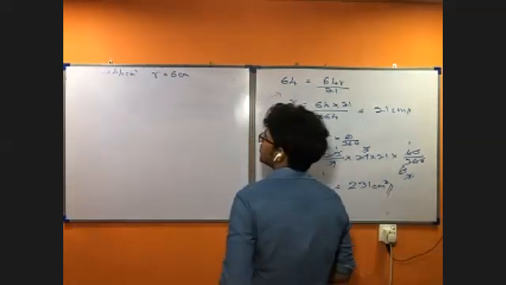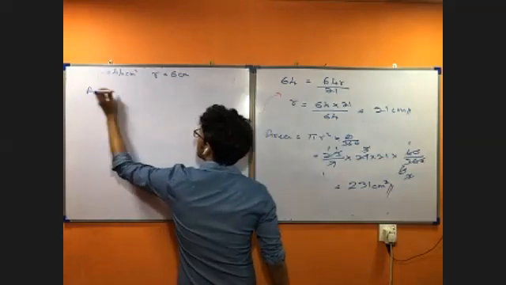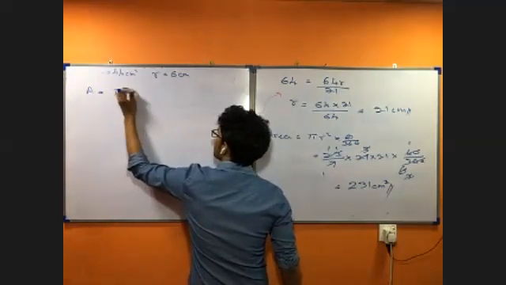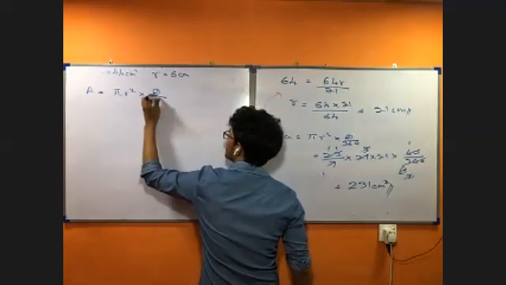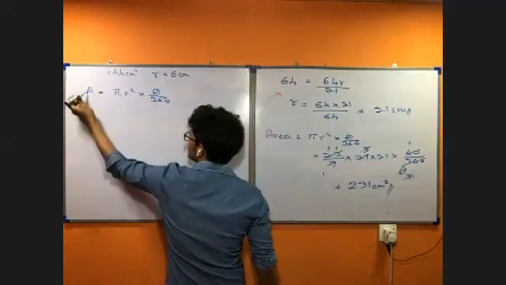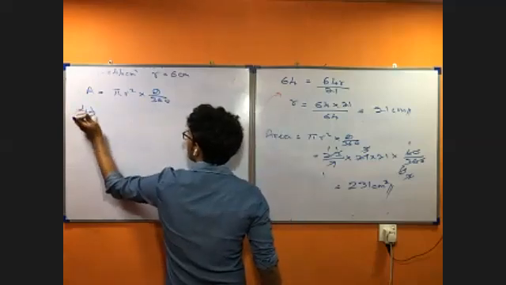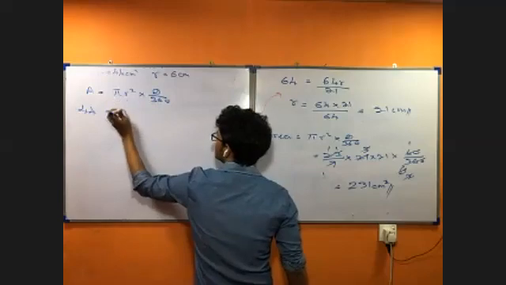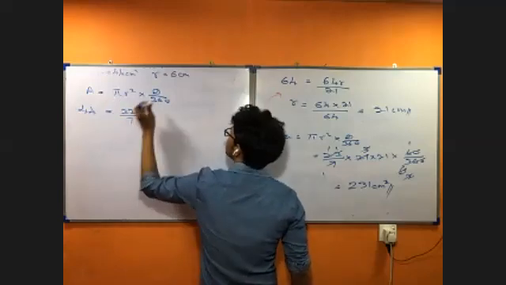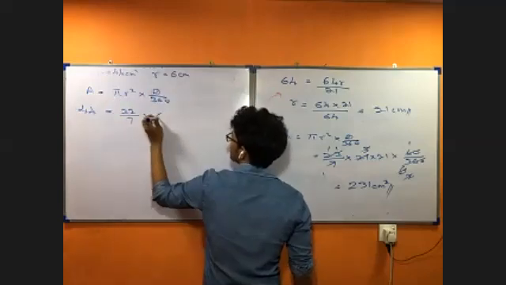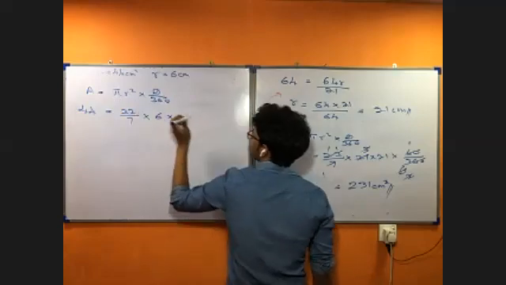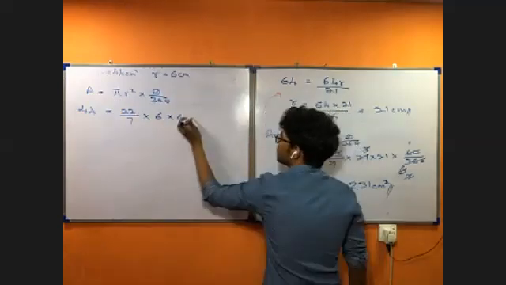Okay. So you know, area is equal to pi r squared multiplied by theta divided by 360. Area is given, which is 44, equal to pi, which is 22 over 7, r, which is 6, again r squared, so 6 squared, multiplied by theta.